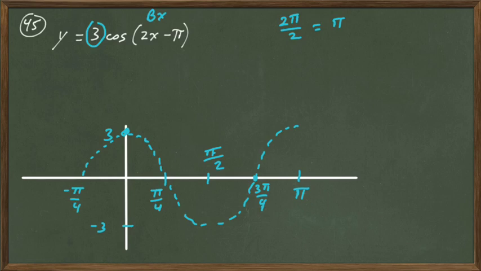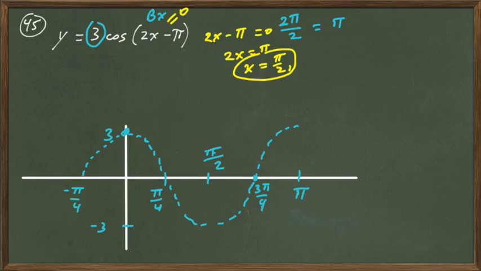Negative pi over 4. And anyway, let's take what's inside of here, inside the parentheses, and make it equal 0. 2x minus pi equals 0. Add the pi over and divide by 2. Because it's positive, it means it's moving to the right.